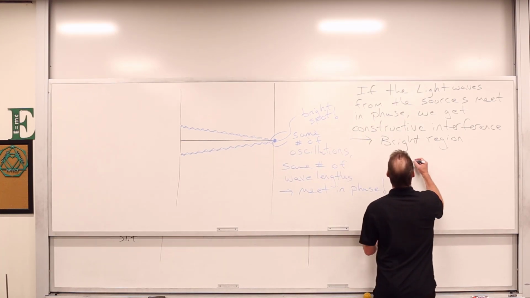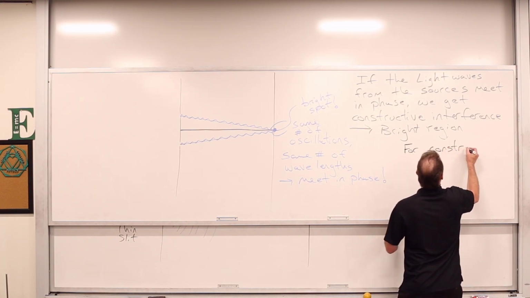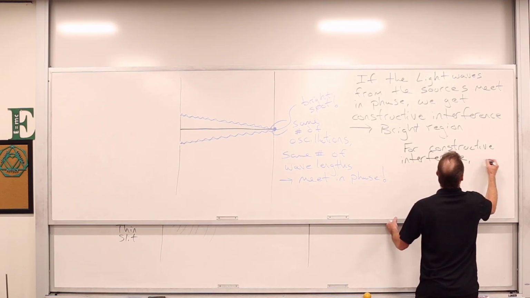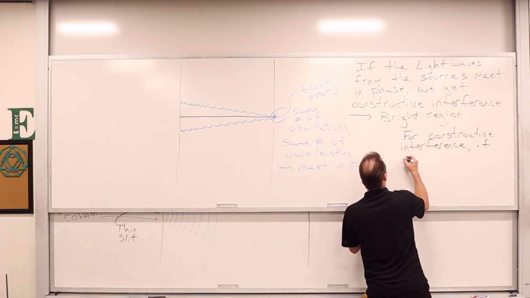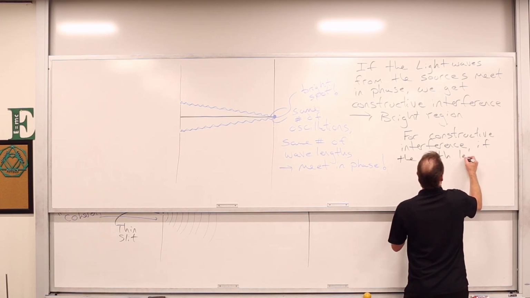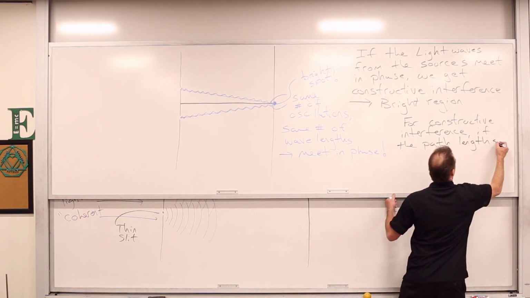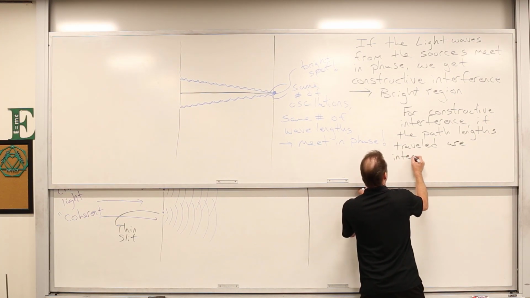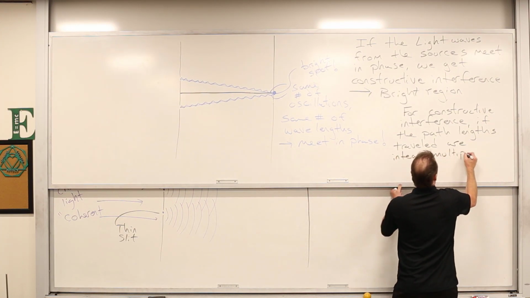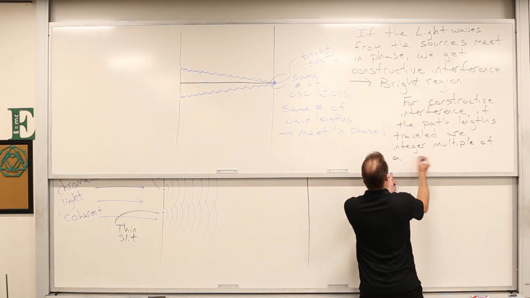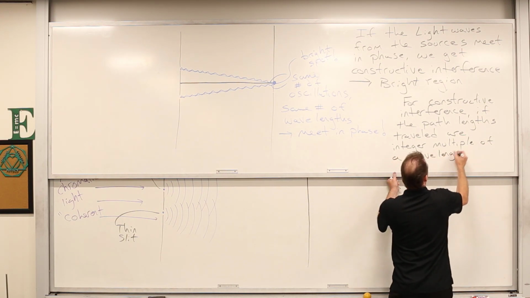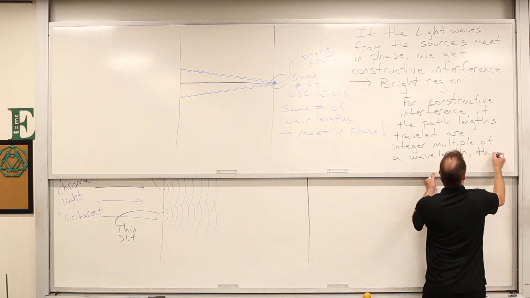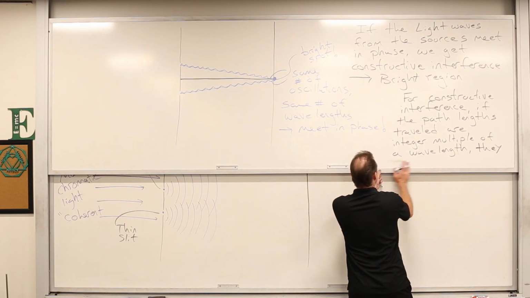So, for constructive interference, if the path lengths traveled are integer multiples of a wavelength, they will meet in phase.